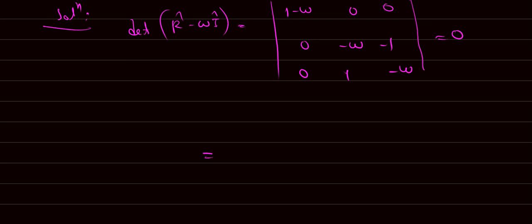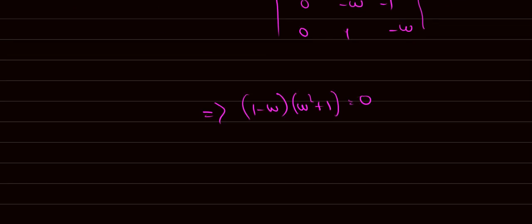If we just expand the determinant, we will find this. From here we see that omega has three values: 1 and plus minus i. So there are three eigenvalues, one is 1 and the other two are plus minus i.